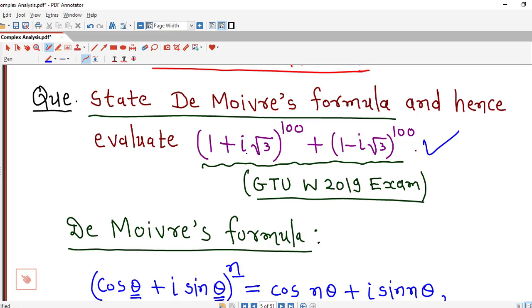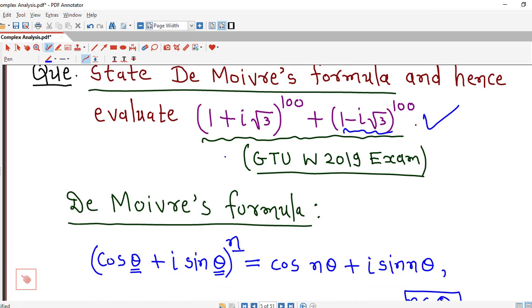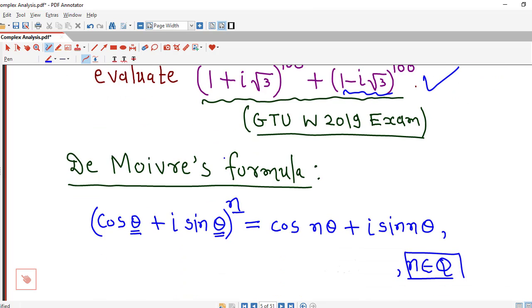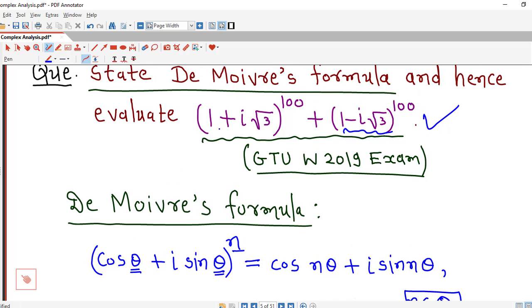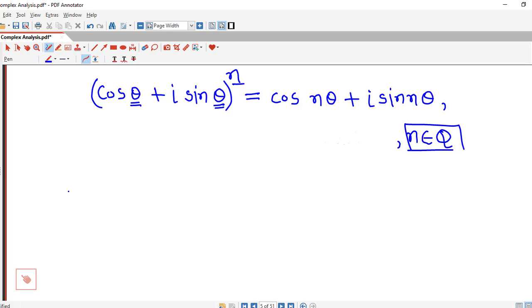So this is the statement of De Moivre's formula, and using it we try to simplify this expression. Here we have two complex numbers, 1 plus i root 3 and 1 minus i root 3, which is the conjugate of 1 plus i root 3. To use De Moivre's formula we have to convert these two complex numbers into polar form. So first we consider z equal to 1 plus i root 3 and find its polar form.